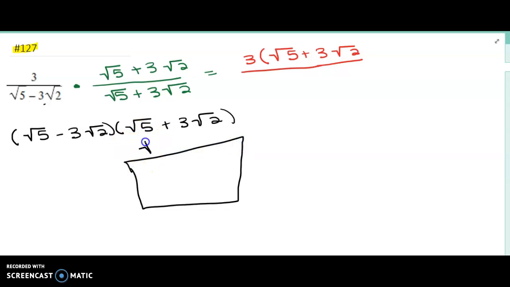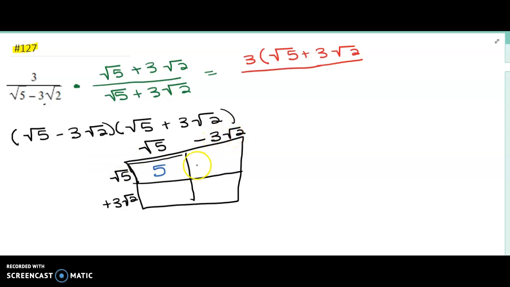So it'd be square root of 5 minus 3 square root of 2, and then square root of 5 plus 3 square root of 2, and then I make my smaller boxes. Here in this top left, I have square root of 5 times square root of 5, which is square root of 5 squared. Square root and squared cancel out, so this is just 5.